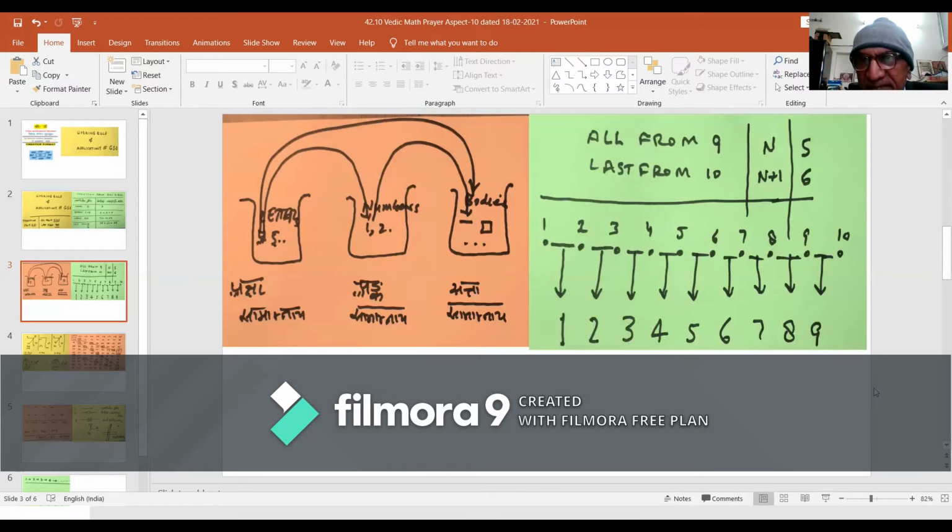This is the distinction which deserves to be imbibed well while we have a transition from the mathematics of Ganita Sutra 1 to the mathematics of Ganita Sutra 2.